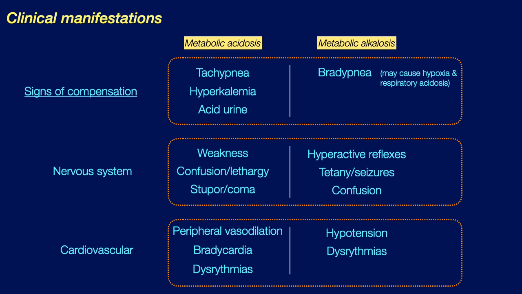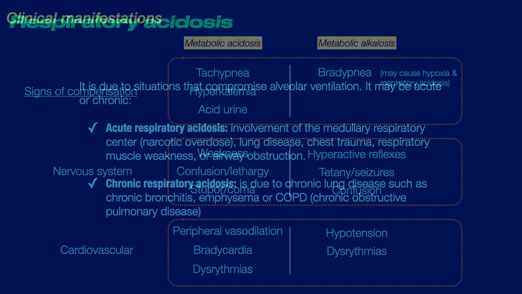And in the cardiovascular system, there will be peripheral vasodilation of the vessels. You'll have bradycardia, which is a diminished rhythm of the heart. You'll have dysrhythmias, and in alkalosis, you'll have hypotension and dysrhythmias as well.